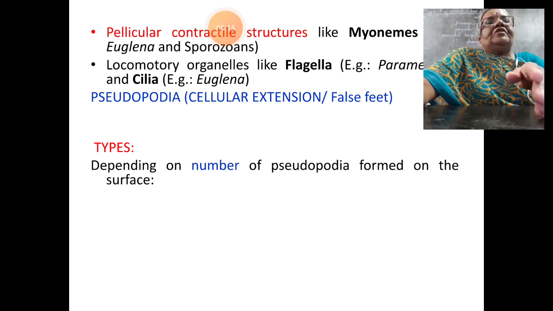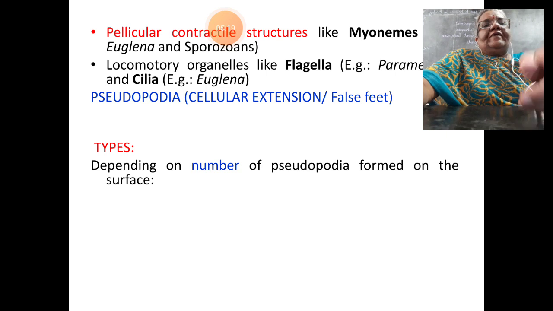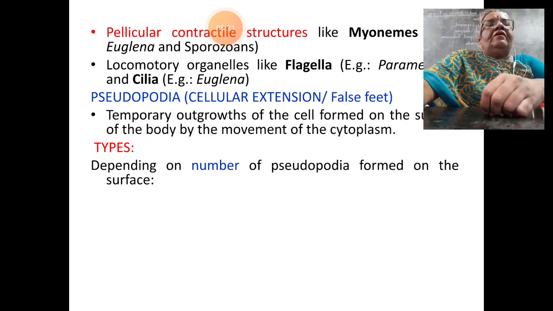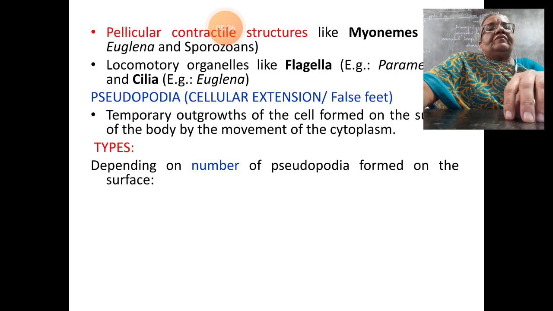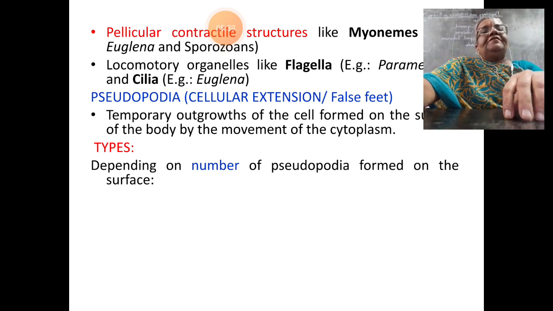Okay. Pseudopodia or cellular extension or false feet. Okay. These are temporary outgrowths of the cell formed by some protozoans, some parts of the body, okay, that happen by the movement of cytoplasm. Then there are different types of pseudopodia.